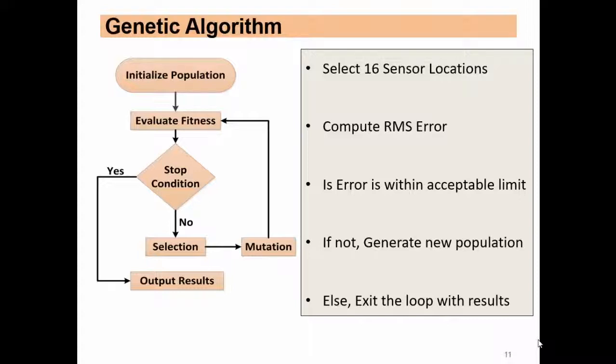If the RMS error is within our acceptable range, well and good, we take that location. If not, then we mutate, which means we select other locations till we get a satisfactory level. So this is basically the simplest form of the genetic algorithm.